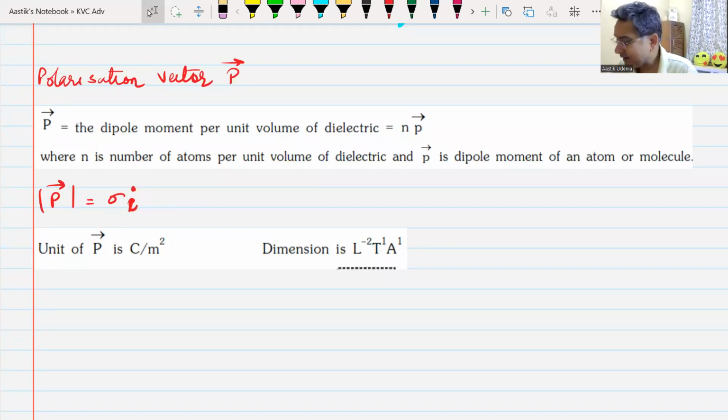Now, whenever any dielectric is polarized, we denote that phenomenon by a vector which is known as the polarization vector. This polarization vector is the dipole moment per unit volume.